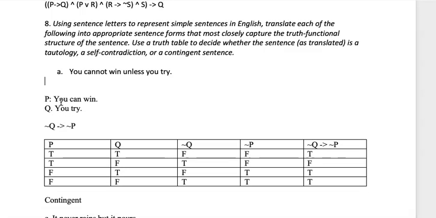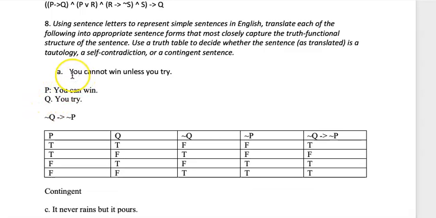There are often multiple ways to translate an English sentence, and you're going to end up with the same truth values for sentences that are logically equivalent. If they're both okay for you to translate that way, they're going to have the same truth table values. So we're just going to do the truth table for that.